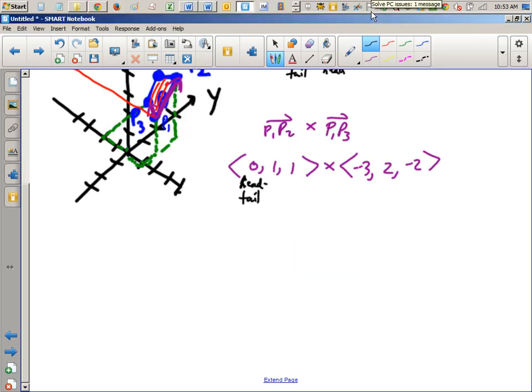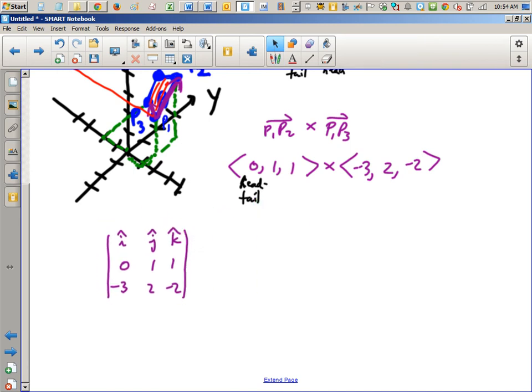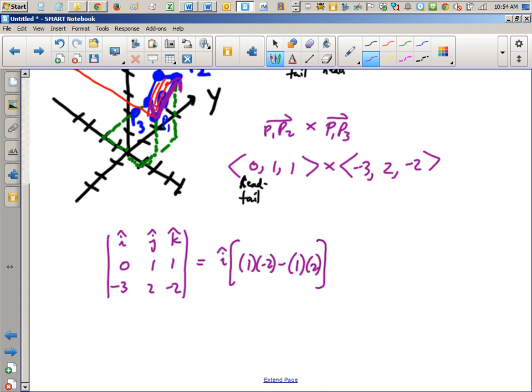Okay, and then to set up a cross product, you're going to do this. i, j, k. Put in the first vector here, second vector here. And we start off by doing i hat. 1 times negative 2 minus 1 times 2.